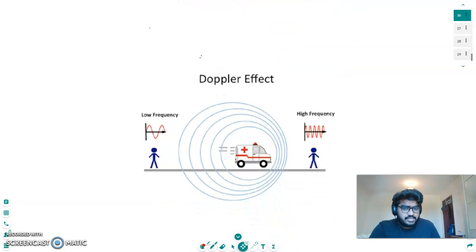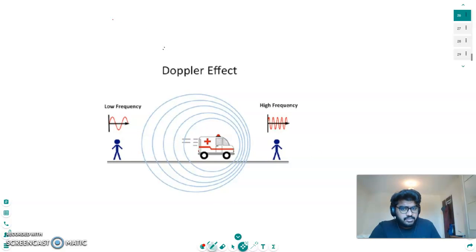Now let's look at that example deeper. Now this is an ambulance, and this is the observer that the ambulance is approaching. And this is the observer that the ambulance is moving away from. So what you notice now is that as the ambulance drives towards this observer, these sound waves come closer and closer together, so they appear to be compressed.